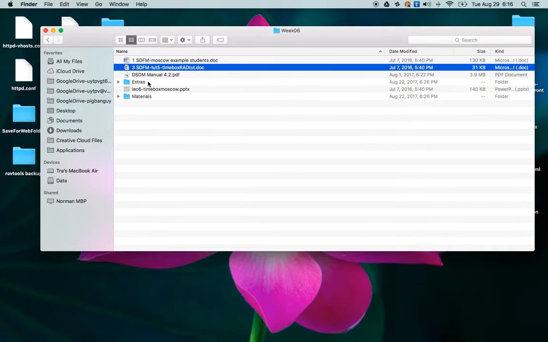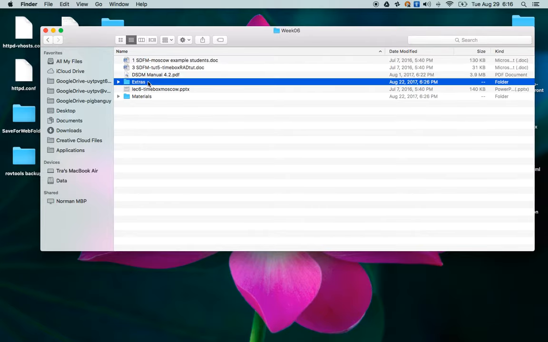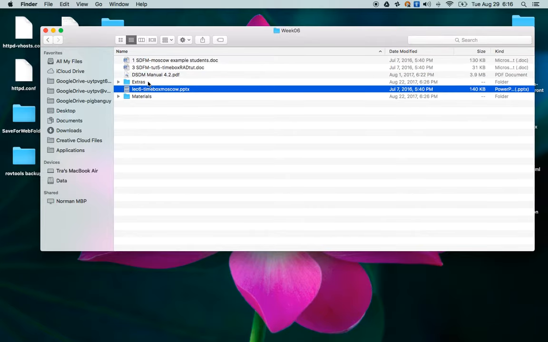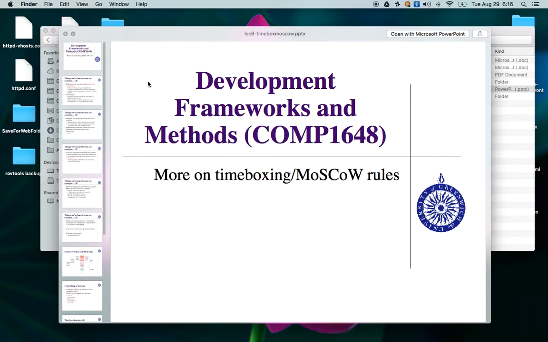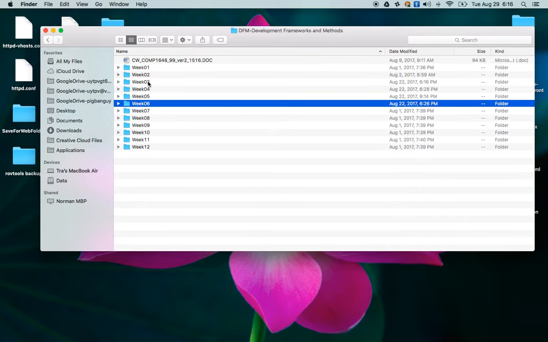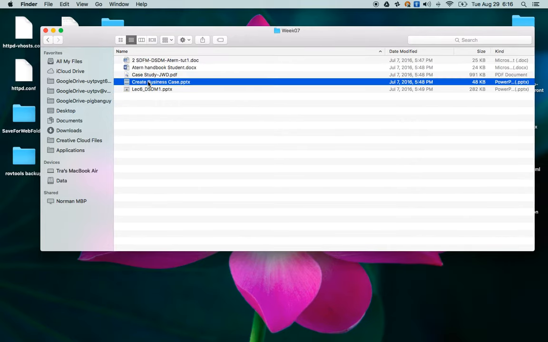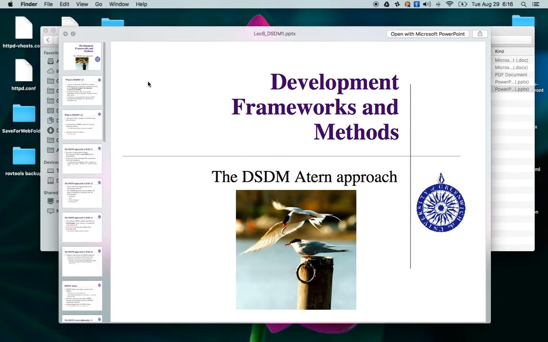So today we will continue with the development frameworks and methodologies. And for today, we are going to study about DSDM Agile. This is another approach following RAD concept. And DSDM Agile can be considered like a lighter version of DSDM.